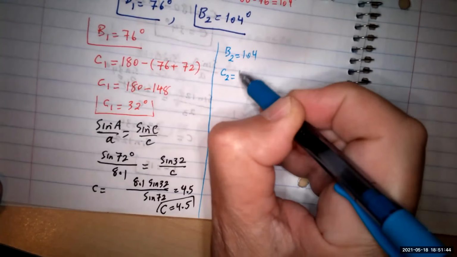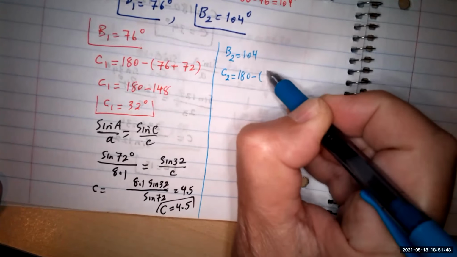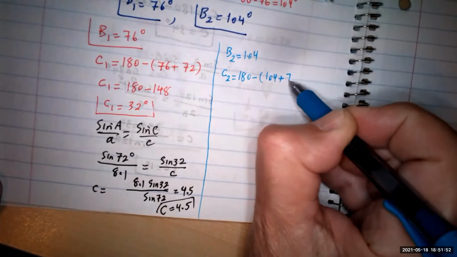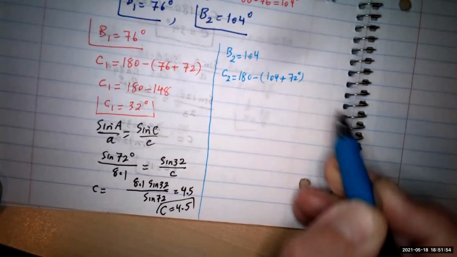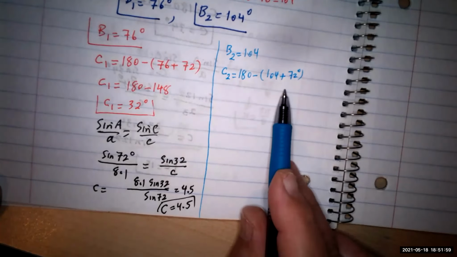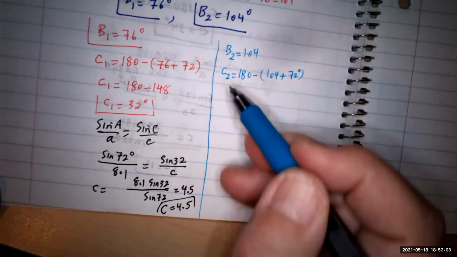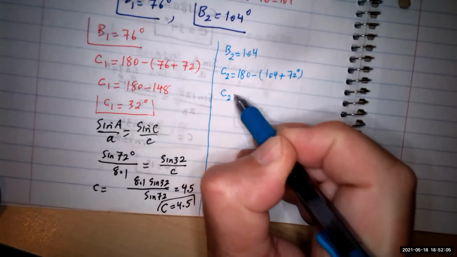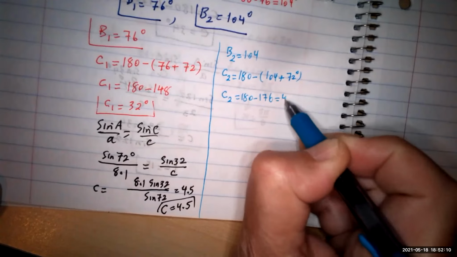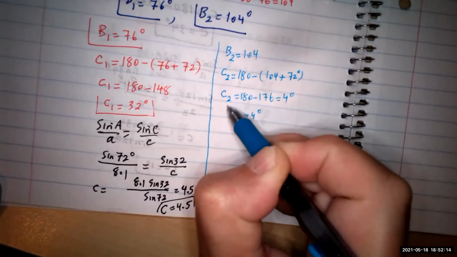C2 is going to be 180 minus 104 plus the angle A, which is 72 degrees. So that would give us 180 minus 176, that gives you 4 degrees. So the C2 is going to be 4 degrees.